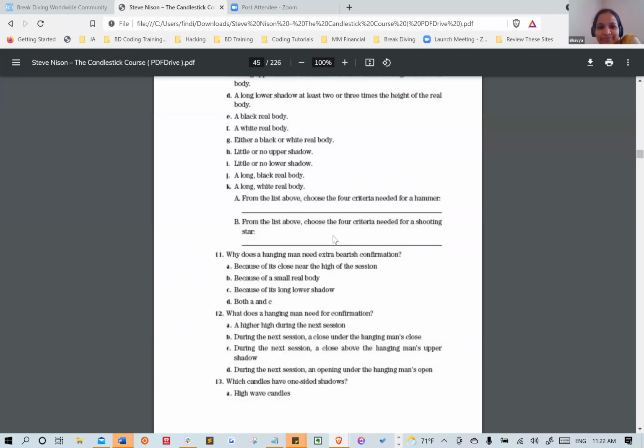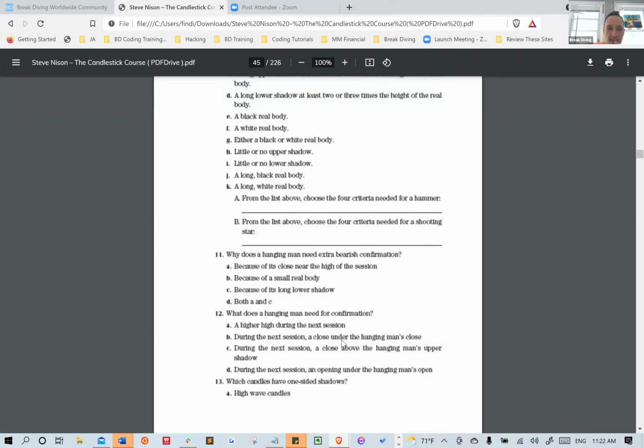Interesting test. Why does a hanging man need extra bearish confirmation? Okay, because it's a bullish signal since the close is near the high of the session. Yeah, A, I think.